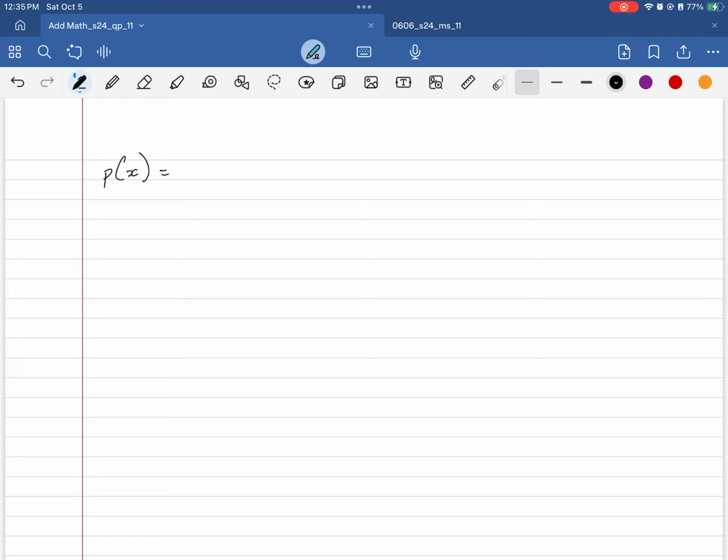So, p of x is 6x cubed minus 35x squared plus 34x plus 45. Now, I'll cover the first method, which is multiplication. Now we're asked to find p(x) in the form (2x minus 5) q(x) plus r.